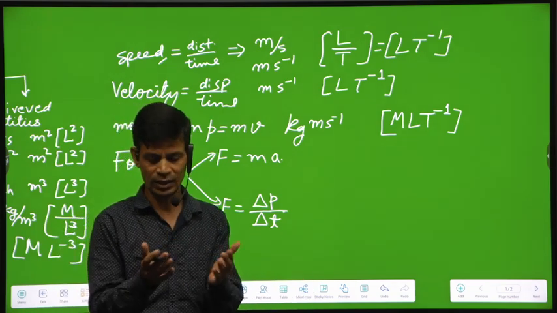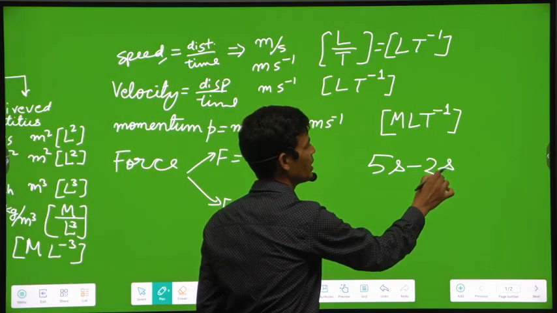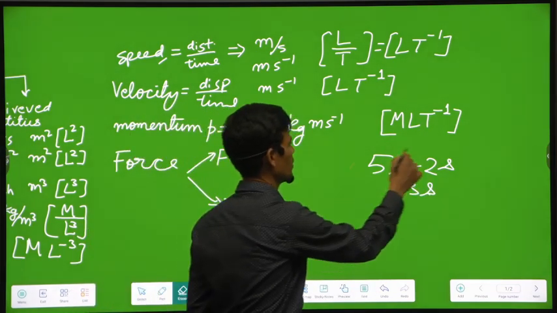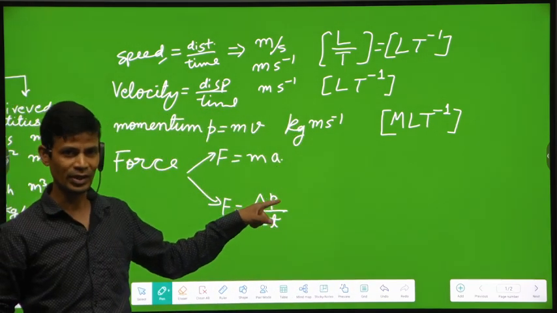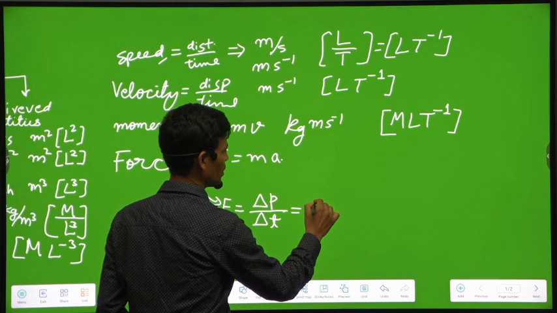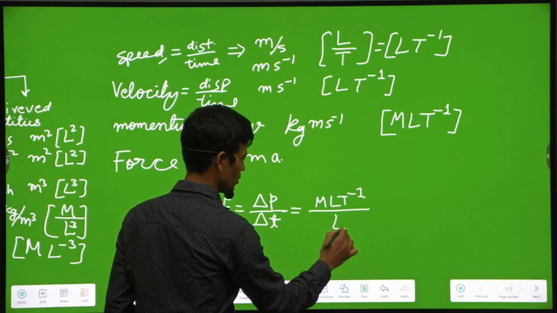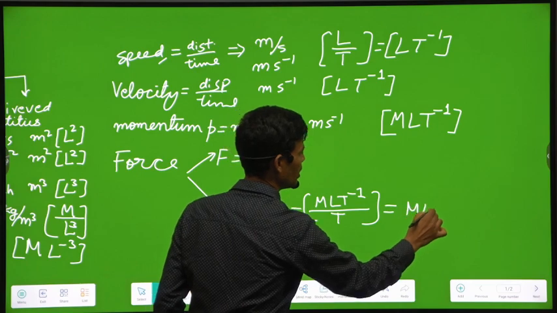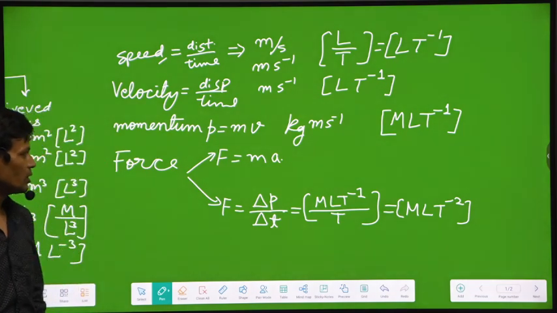If I subtract 5 second minus 2 second, still it is 3 second. Still the answer is in terms of second, means still it is time. In the same way, delta p means change in momentum, still it will be momentum. So momentum MLT minus 1 divided by T. So it will be MLT minus 2. Simple mathematics, exponent rule, and we find out this.